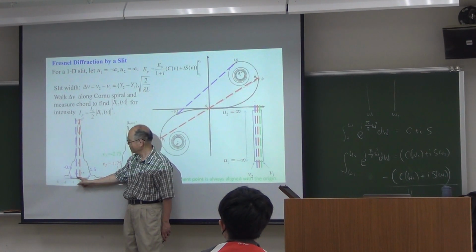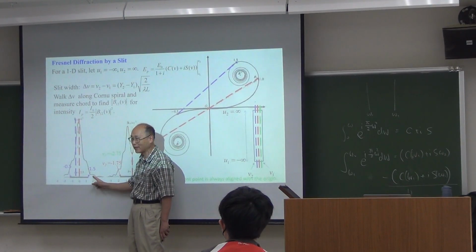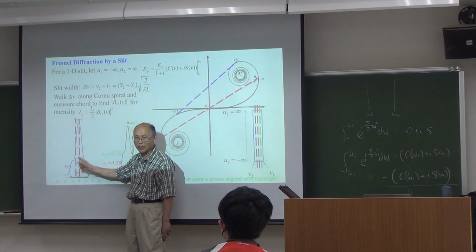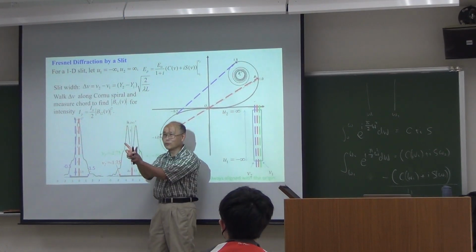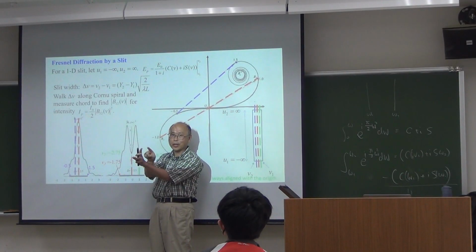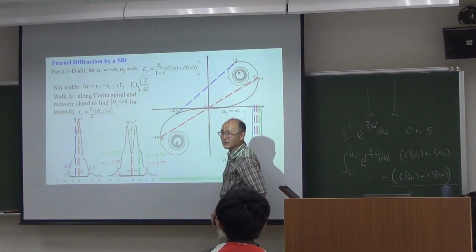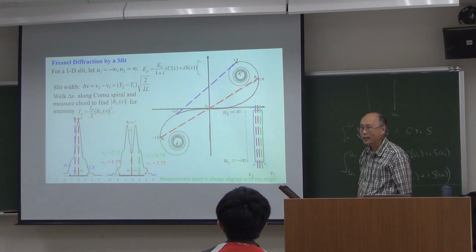To the left you have a boundary value, and to the right you have another boundary value. Every boundary value gives you a vector on this Cornu spiral. Once you figure out the two vectors and subtract to get this length, that gives you the intensity of your diffraction pattern.